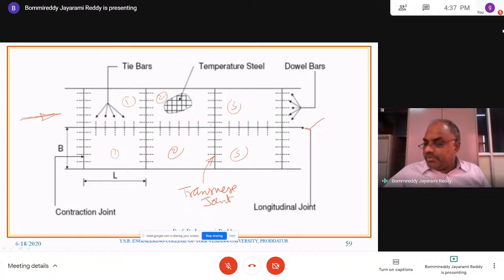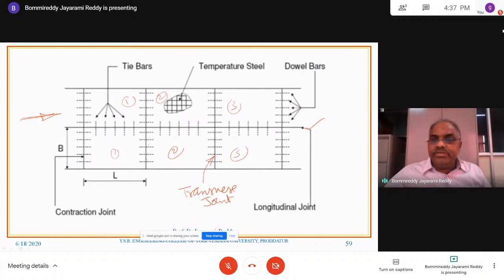This transverse joint is perpendicular to the direction of the traffic. And you can look at the entire pavement is divided into longitudinal and also cross joints.